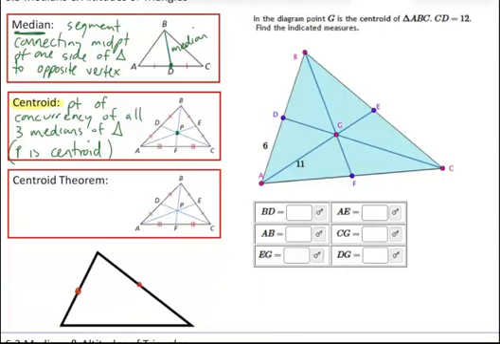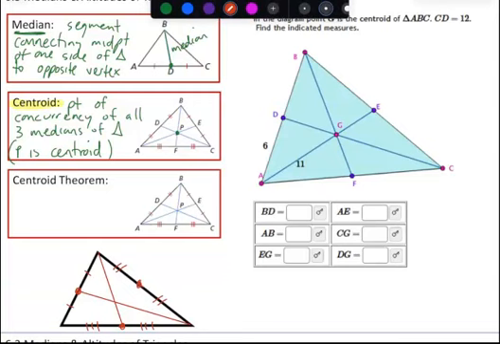The first thing you would do, just like with the perpendicular bisectors, is find the midpoint. Next, you connect that midpoint directly to the opposite vertex. If we draw a line from this midpoint to the opposite vertex, that is a median. From this midpoint to the opposite vertex, that is a median.